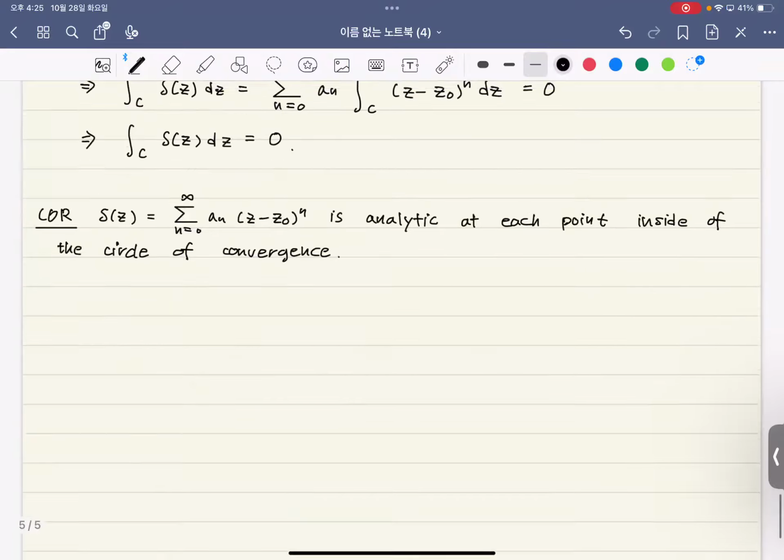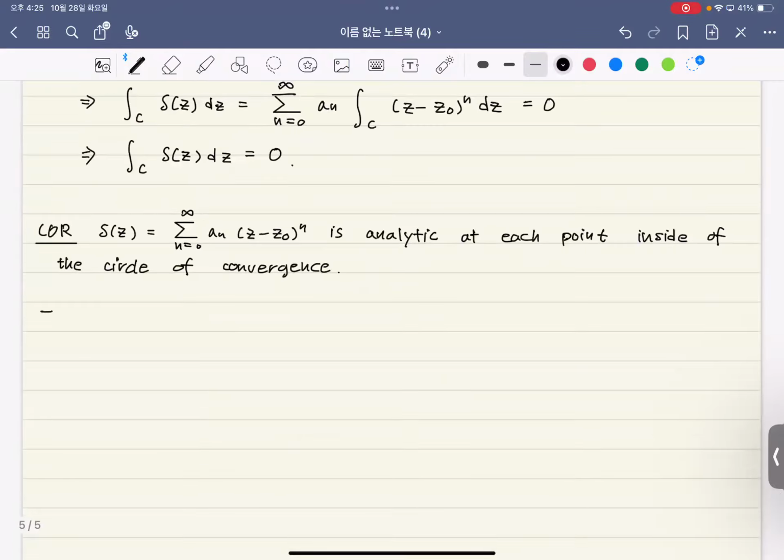Okay, this is nice. And what's next? Since we have done term-by-term integration, naturally the next theorem should be about term-by-term differentiation, right?